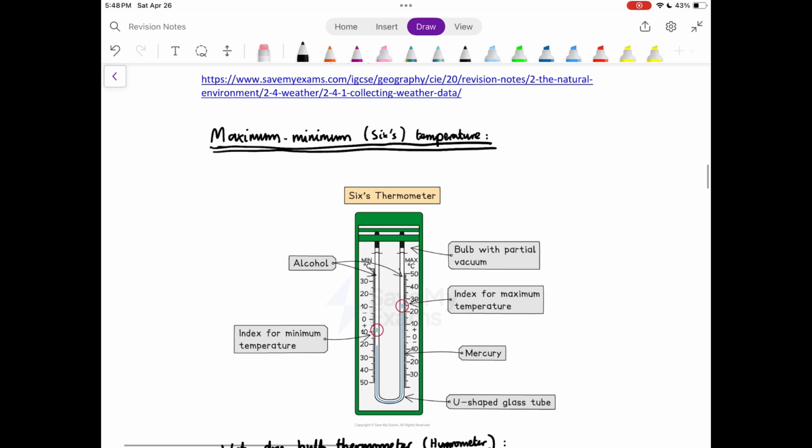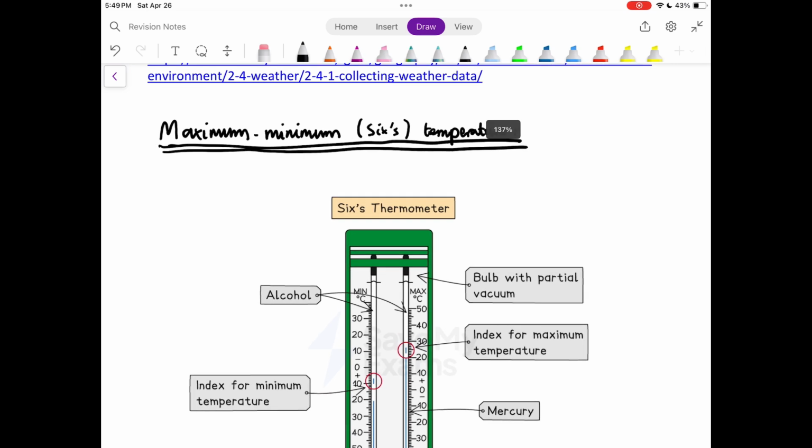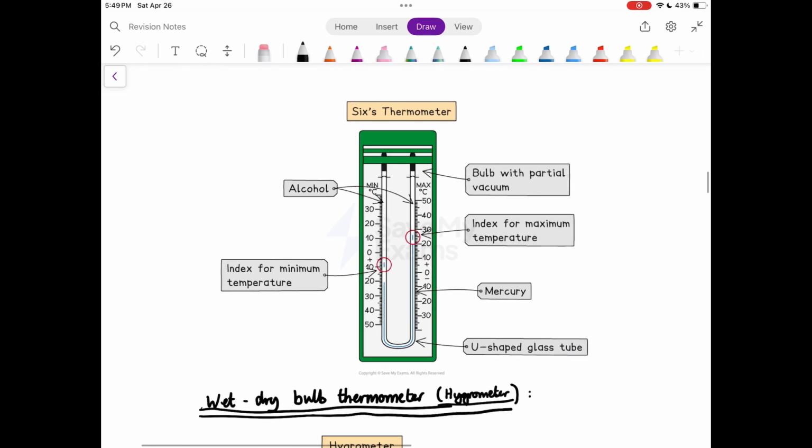Next is a maximum minimum thermometer, which can also be called a Six's thermometer. It measures temperature. Sorry, this is supposed to say thermometer here. Okay, so anyways, there will be a maximum temperature and a minimum temperature on either side of the U shape.